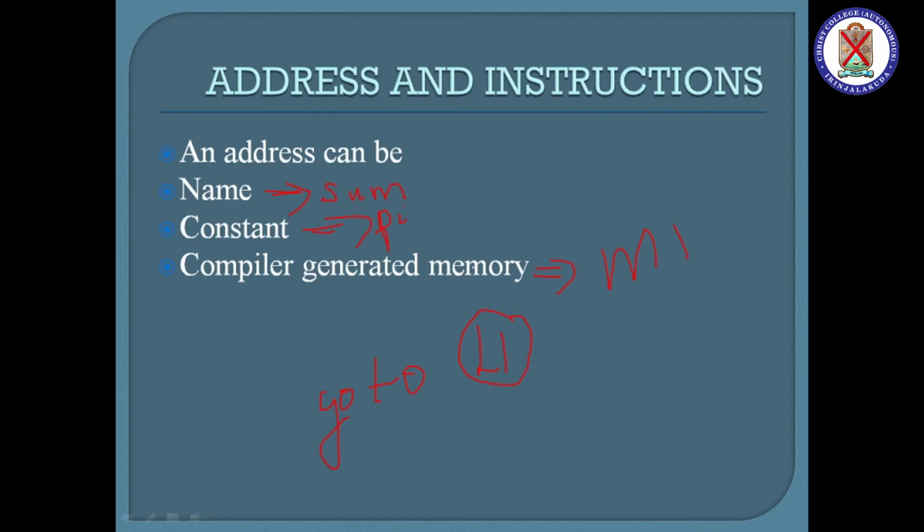This symbolic label will alter the flow of control, or alter the flow of your program. So that is also called a 3 address statement or 3 address code. So an address in a 3 address code can be a name, a constant, or a compiler generated memory. It can also be a symbolic label which alters the control flow of your program.